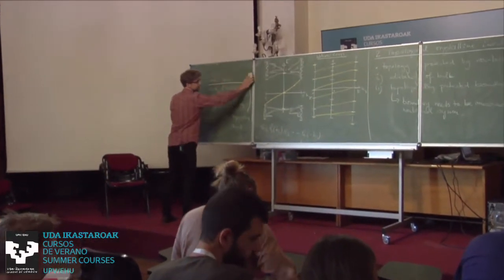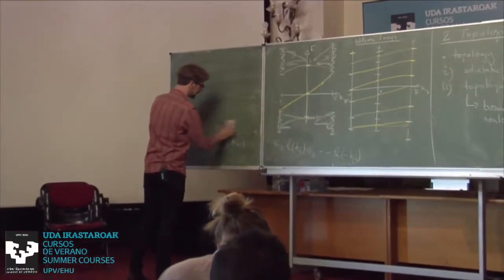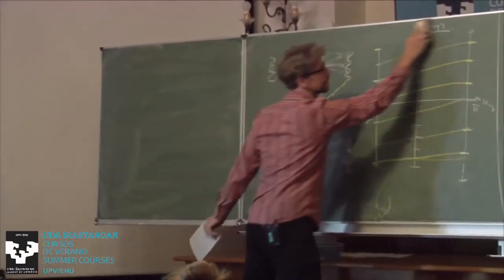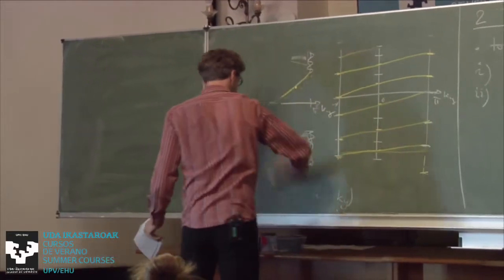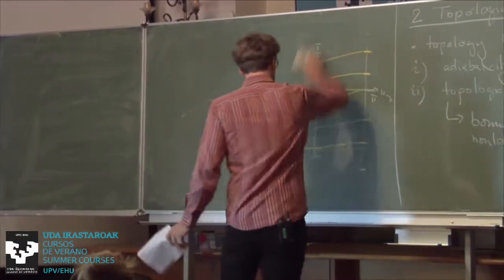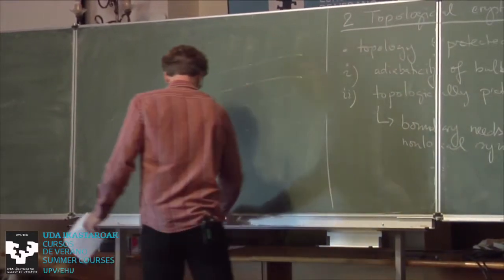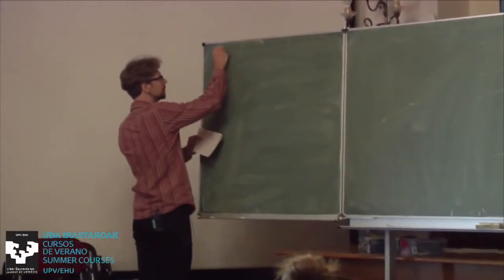So the second case that we are interested in can only appear in two dimensions or higher, where there is some notion of locality also on the boundary. And so let's go for the simplest possible example. The simplest example is in 2D.